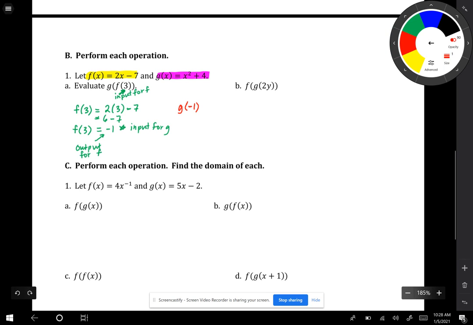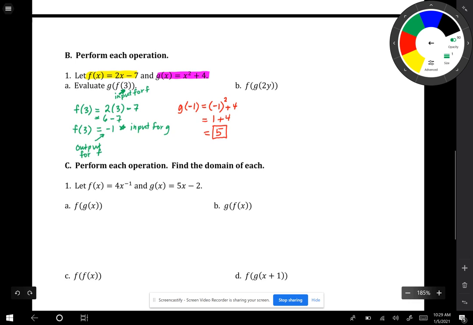So you're going to go to the purple function, and replace wherever you see an x with a negative 1. So on the right side, negative 1 to the second power plus 4. Negative times a negative is a positive. 1 plus 4 is 5. So our final answer is 5. You would say g of f of 3 is equal to 5. And that's how you do that problem.